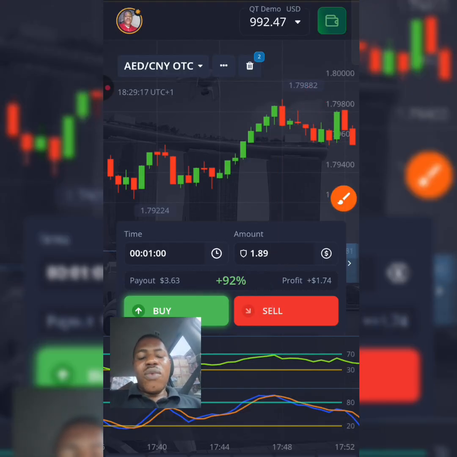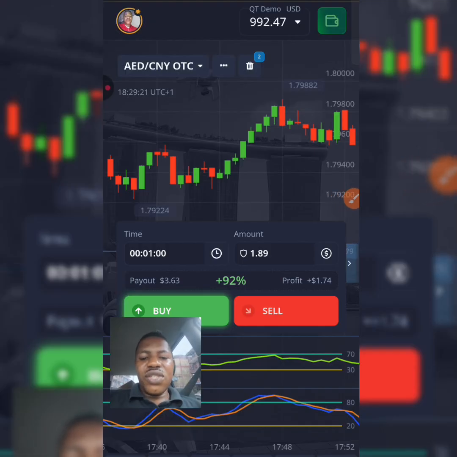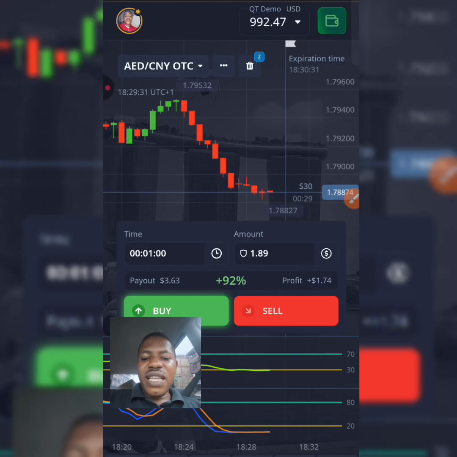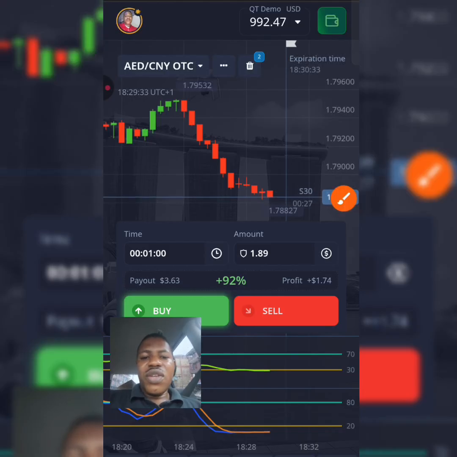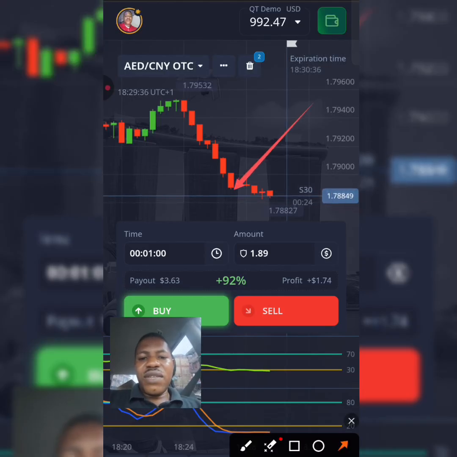Now, one thing I want to advise you is this. If you take it, maybe all the conditions are right, and then you take it and the candle still continues to go up, don't chase it. Leave it and look for another setup. That is when you will easily wipe off your account. You can see, yes, this one, there's a big resistance to go up, and then it started going down again.